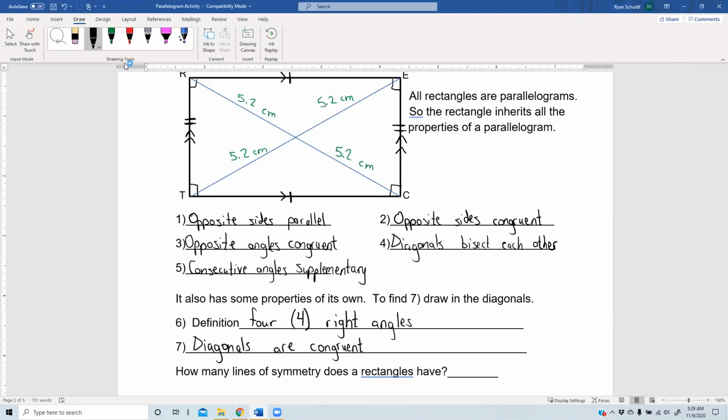How many ways can you do that? Two. So rectangles have 2 lines of symmetry. You can fold it either hot dog style or hamburger style.